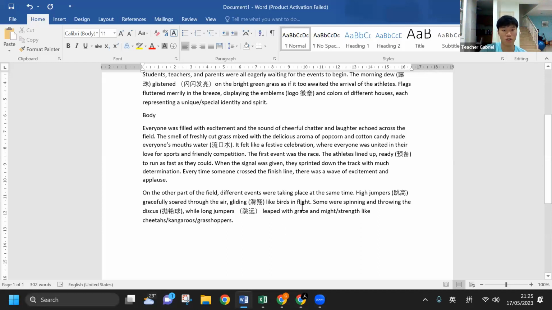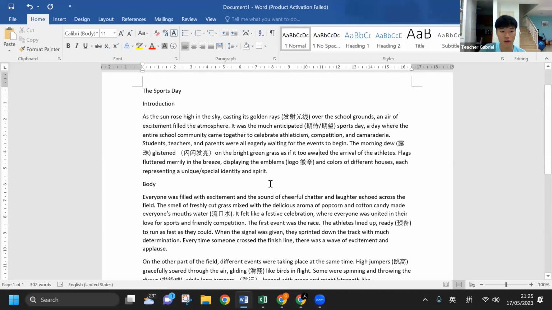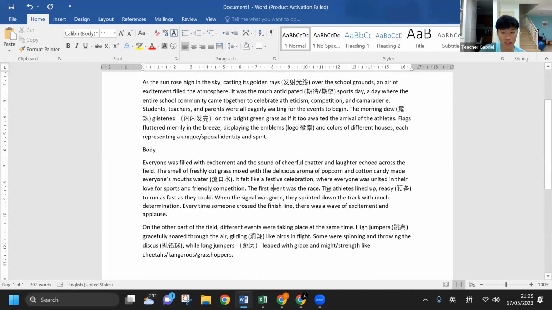Yeah, so this one maybe in the front. Okay, so if you want to say cheetah, then you can also say, they sprinted down the track like cheetahs. Okay, here with much determination, you can say like cheetahs or some fast animal. So you can include that one also. Okay, so that's how you use cheetahs.